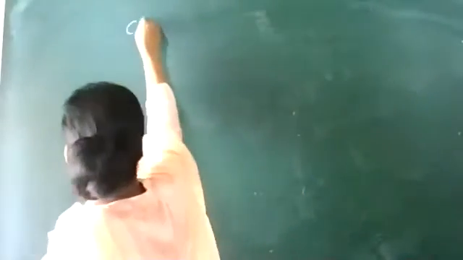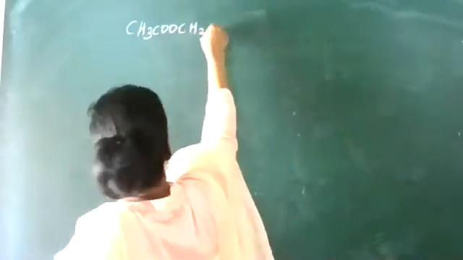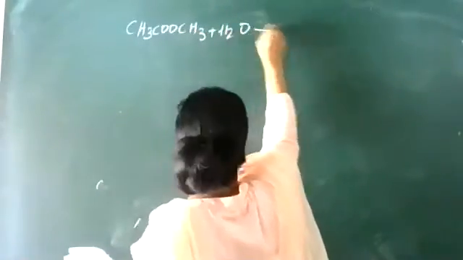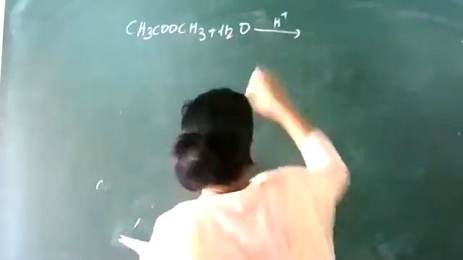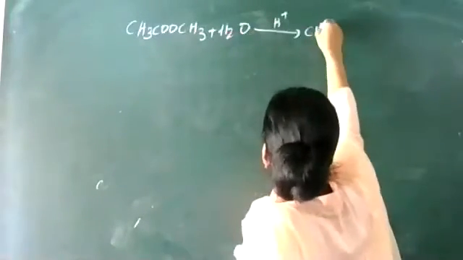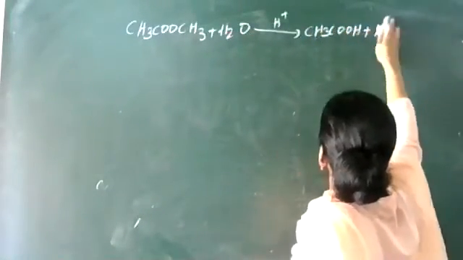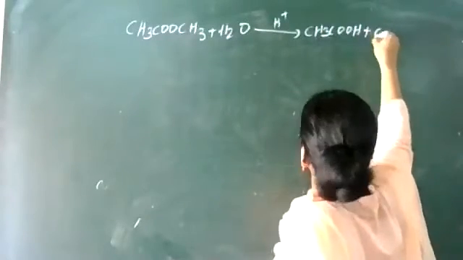CH3COOCH3 plus H2O, with H plus as acid hydrolysis or base hydrolysis, gives CH3COOH plus CH3OH.